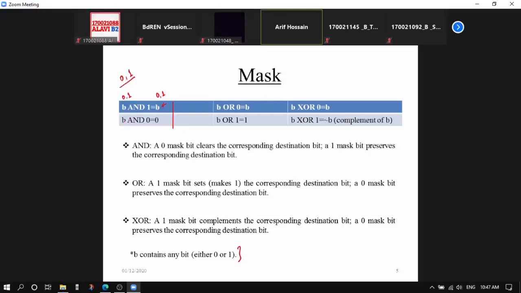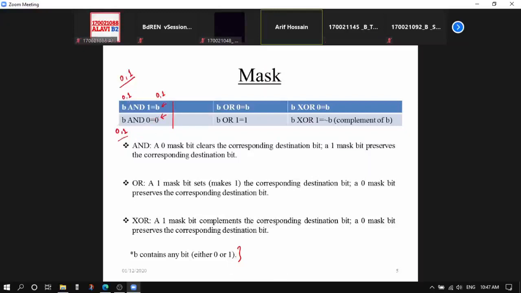And with B, if you perform your AND operation with 0, you will always get 0 irrespective of the value of B. See, if B is 0 over here, 0 and 0 is 0. If B is 1 over here, 1 and 0 is also 0. So whatever is the value of B, you will always end up getting 0. Is this portion clear? AND portion.